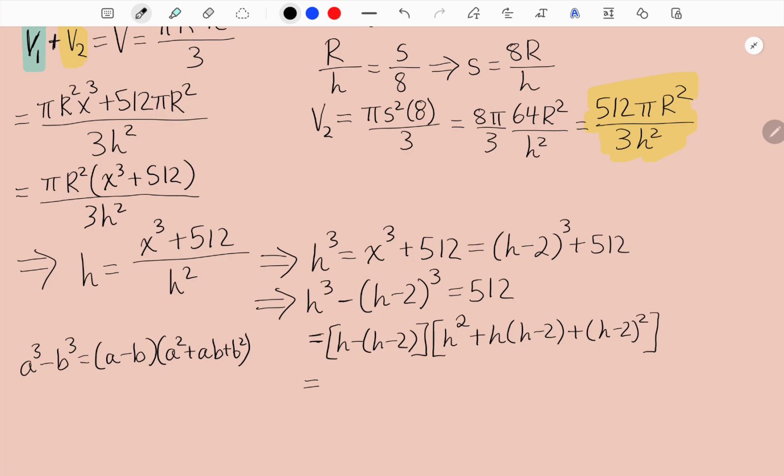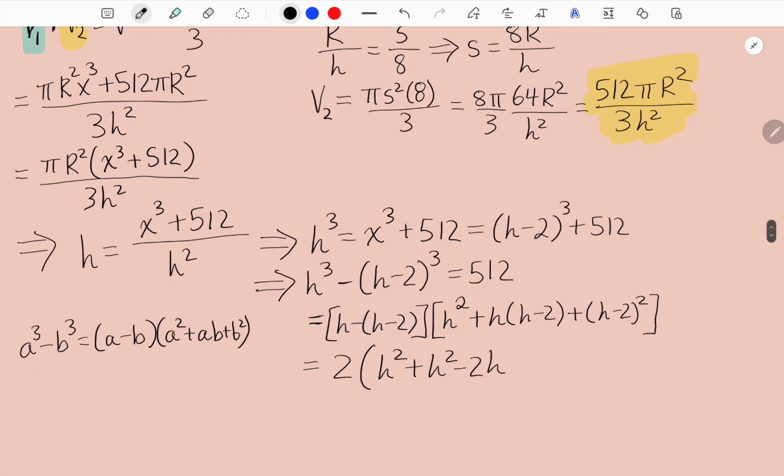So h minus (h minus 2) is just 2. If you distribute the negative, you have h minus h plus 2. And then here we have h squared plus, distribute the h, we get h squared minus 2h, plus (h minus 2) whole thing squared, which is h squared minus 4h plus 4.